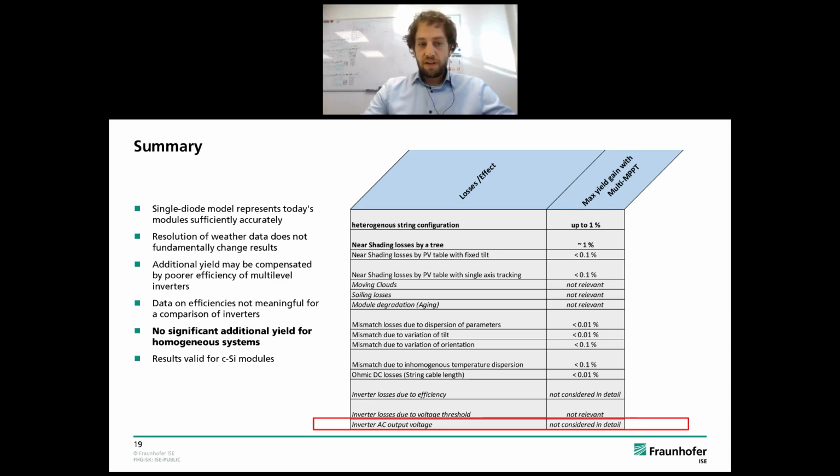If you have a heterogeneous system with different string lengths or with complex shadowing, then of course it might be an issue. The restriction for the results is that we focused on crystalline silicon modules. Whenever you have another module technology, then the results may change.